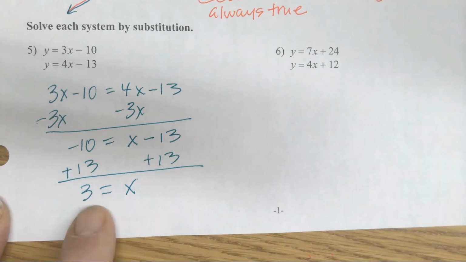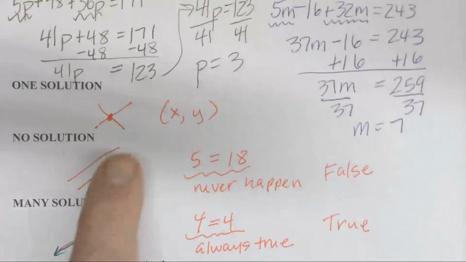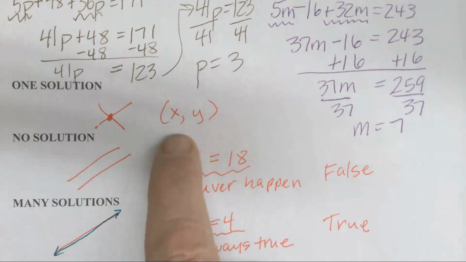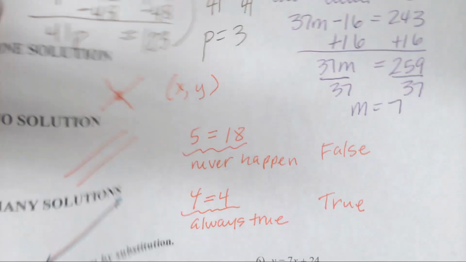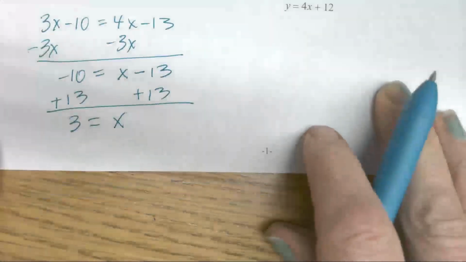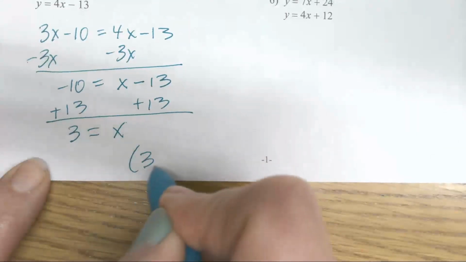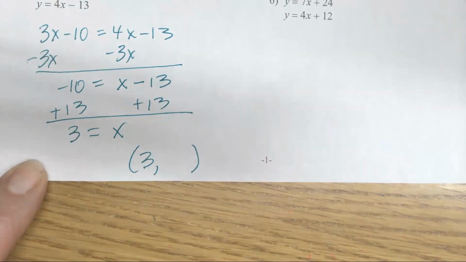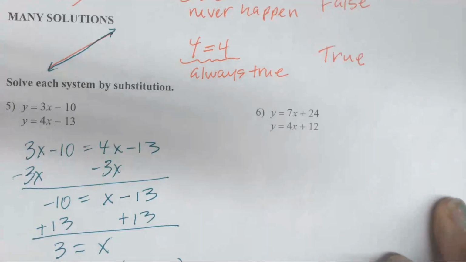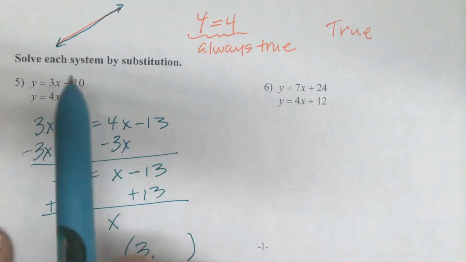Remember, this is something that can be true. So that means this must be a one solution situation. I just need the y part of it. I got the x, now I need the y. The x is 3. What's y? Well, I can figure that out by plugging the 3 into one of these equations. It doesn't matter which one.